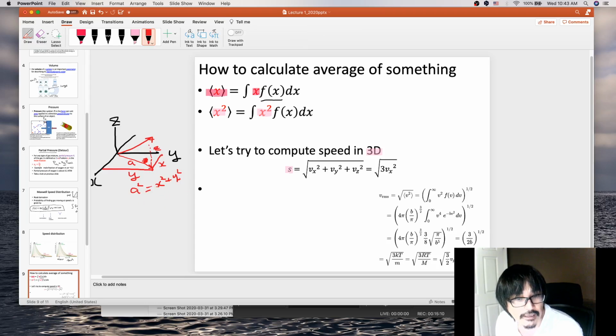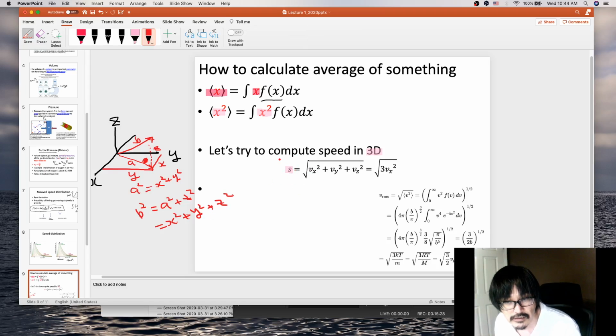And this one right here, I call b. b square is equal to a square plus z square, which is x square plus y square plus z square. So that's pretty much what's going on here. The speed of something is equal to the speed in the x direction squared plus the speed in the y direction squared plus the speed in the z direction squared.